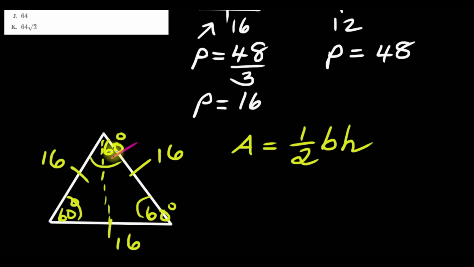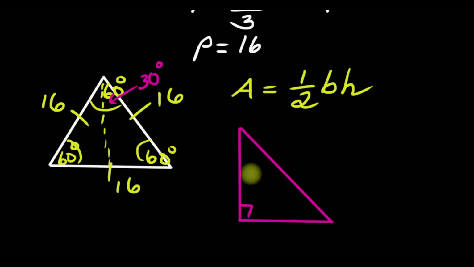We can split up the 60 into 30 and 30, so one of the angles is going to be 30 degrees. If I split up the triangle, half of the triangle will look like this. So this is 60 degrees, this here would be 30 degrees, and then you've got a 90 degree angle here.